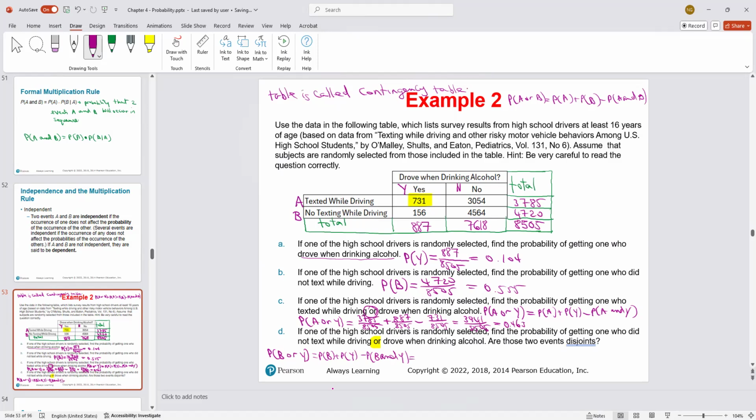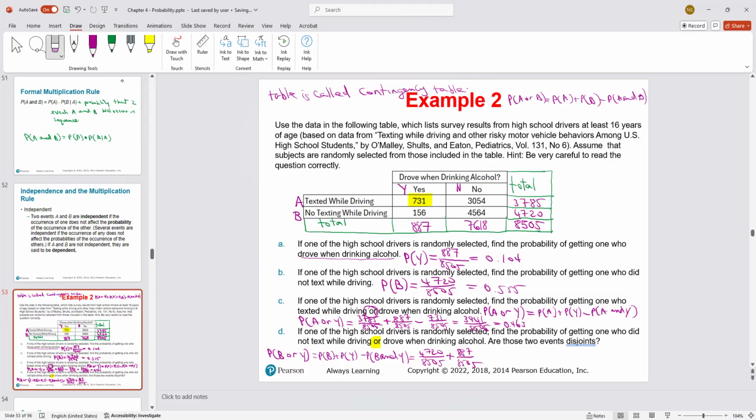So if you want to write the whole thing, text while driving or no text while driving, feel free to do that. So probability of B, the whole thing is 4720 over the big total 8505 plus drinking alcohol is 887 over the big total 8505.